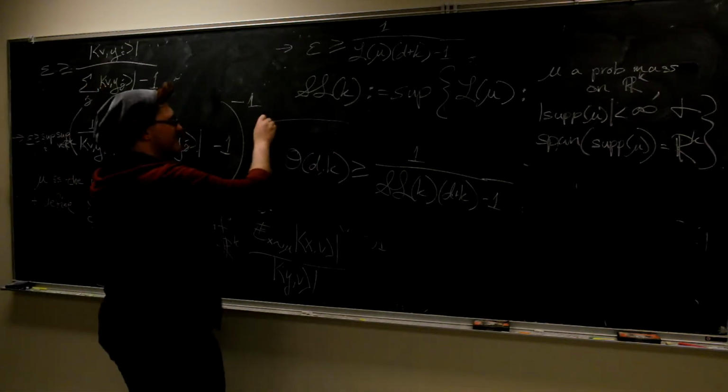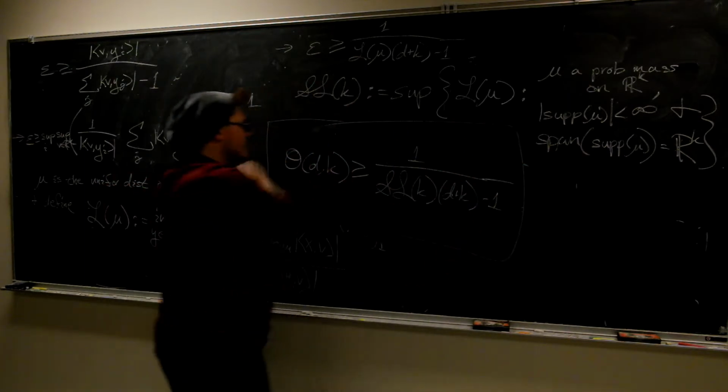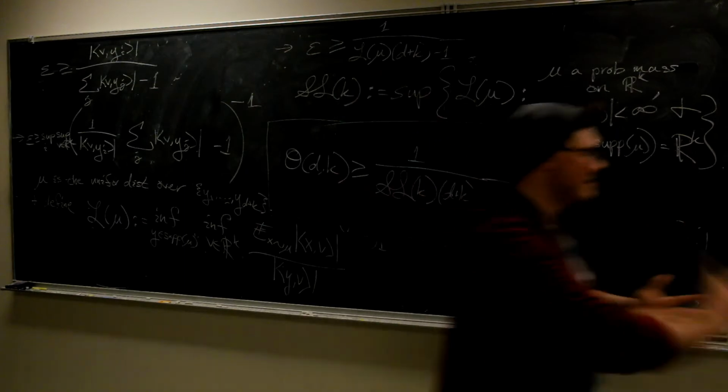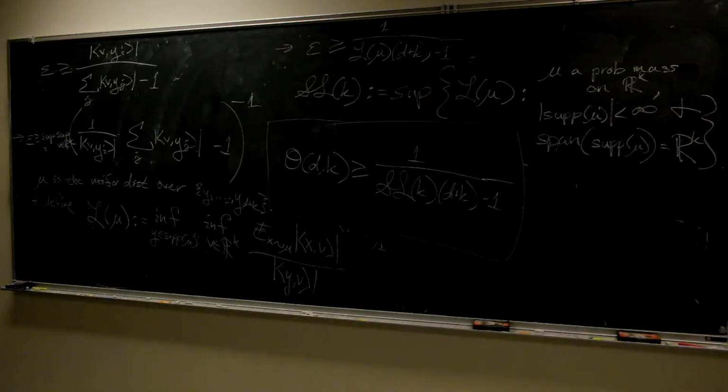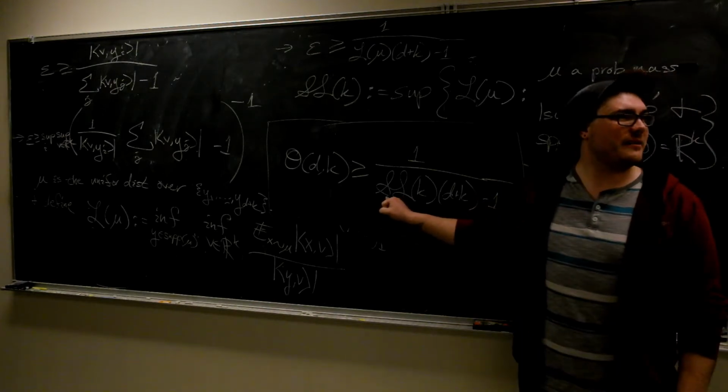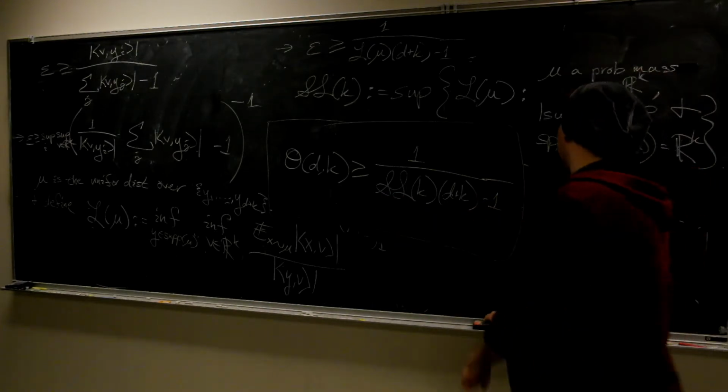So what is the point of this? Well, this is a d-dimensional problem here. Theta of d,k is looking at all the possible arrangements of d plus k vectors in R^d. Our first thought was, okay, k is small, d is big, so we've just translated a d-dimensional problem into a k-dimensional problem here. And I like that because k is tiny.